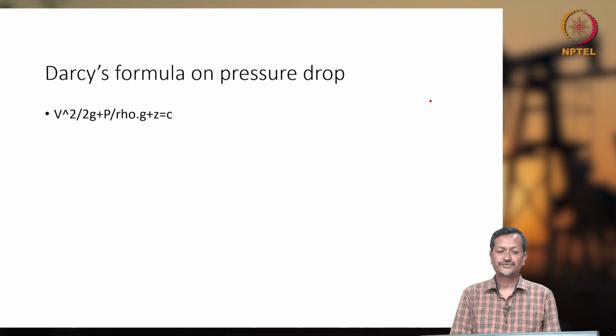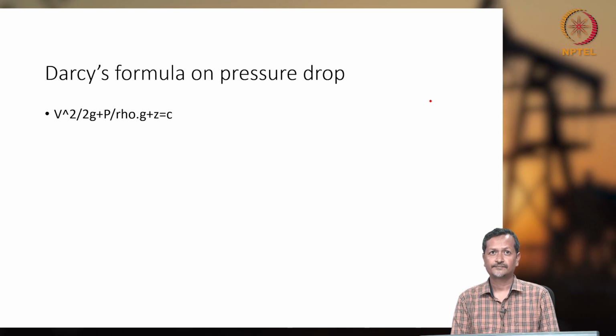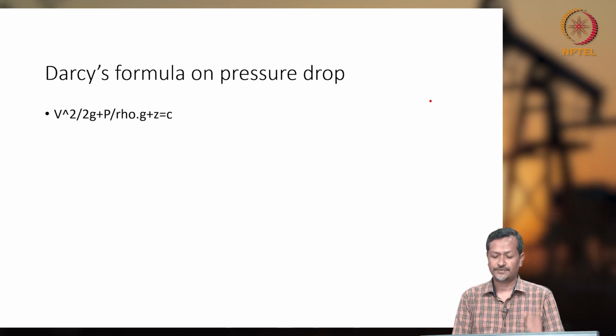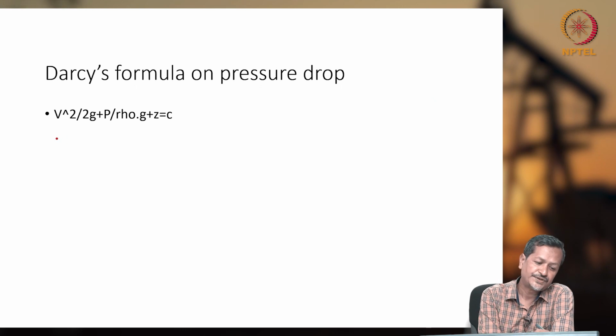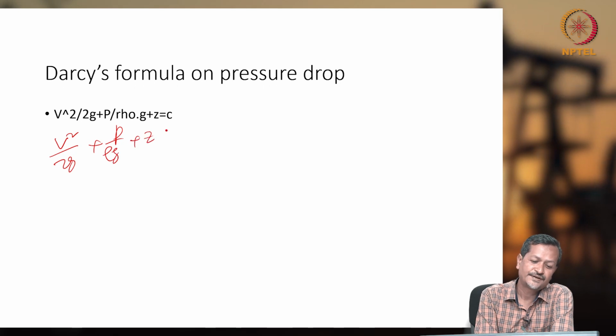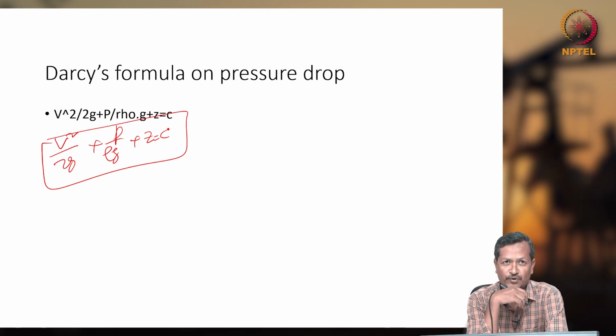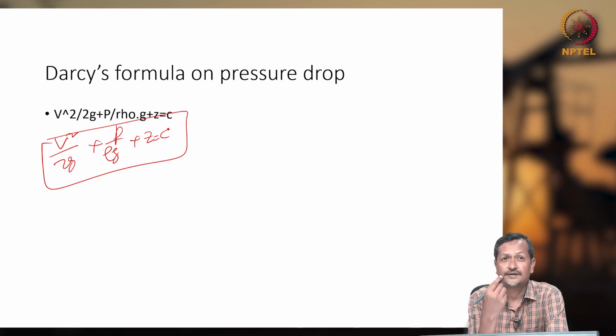Okay, Darcy's formula on pressure drop. Darcy developed a formula for pressure drop. The formula is like this: V square by 2g plus P by rho g plus z equals C. Actually, this is Bernoulli's formula, but he tested it a different way.